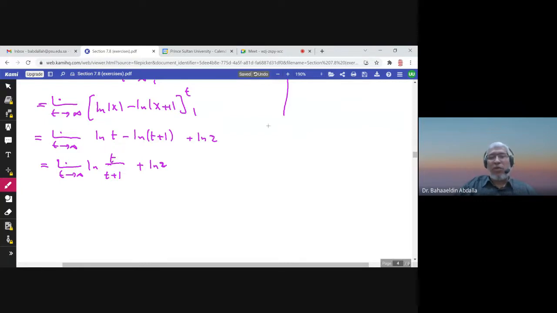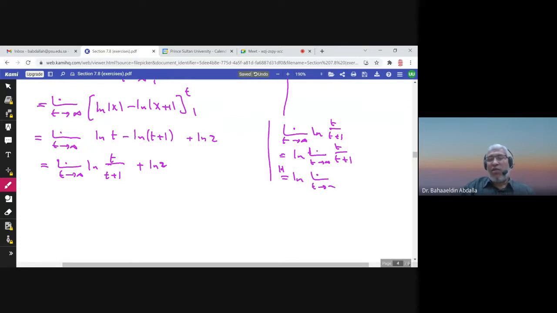So the limit of ln of t over t plus 1 when t approaches infinity would be equal to ln of the limit when t approaches infinity of t over t plus 1. And here we have infinity over infinity, so I can use L'Hopital's rule.